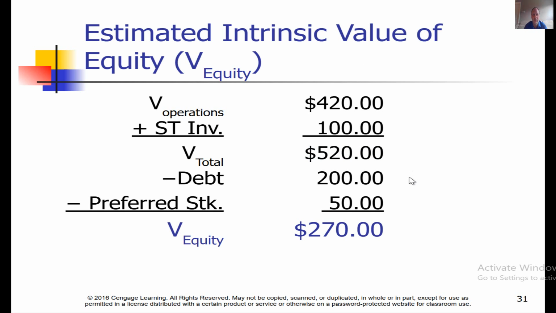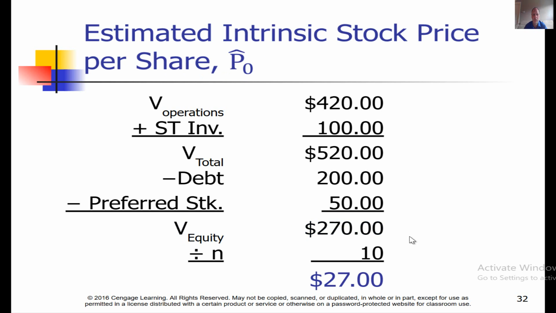We subtract out the value of debt of $200 million and the value of preferred stock of $50 million. So the value of equity of the company is $270 million. And if we divide that by the number of shares outstanding, which is 10 million, we get an estimated intrinsic value, our stock price, of $27.